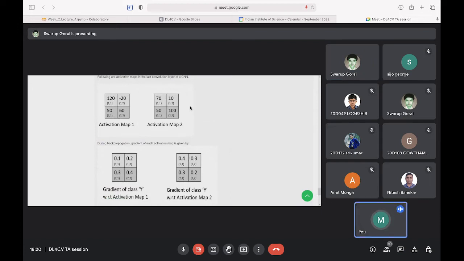To compute the activation maps, these are the two things you need. It should be a linear combination of activation map 1 and 2.